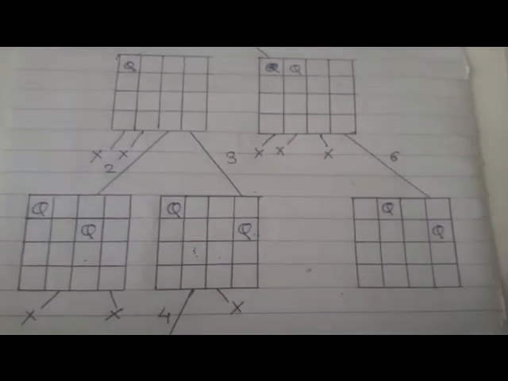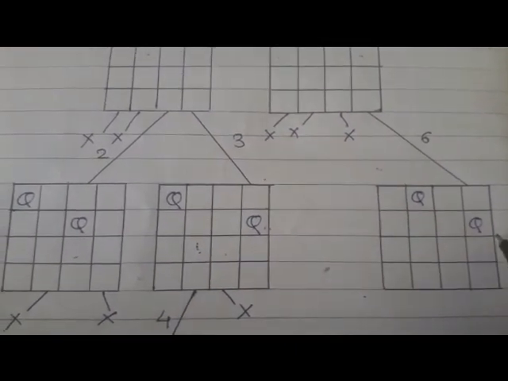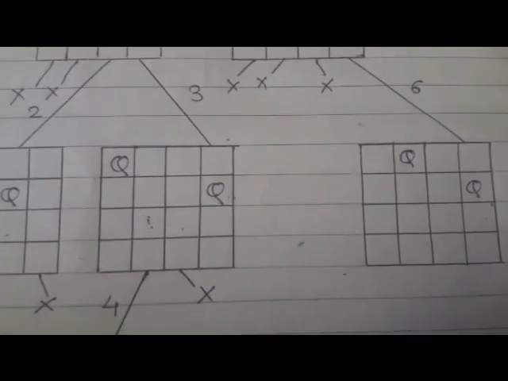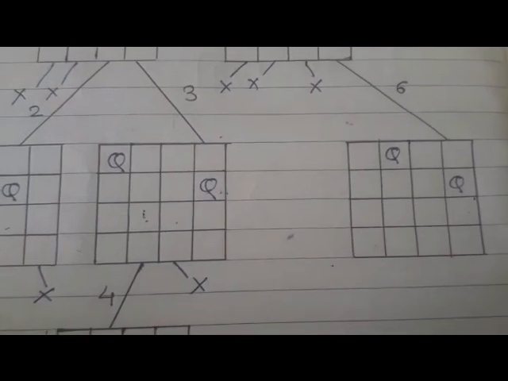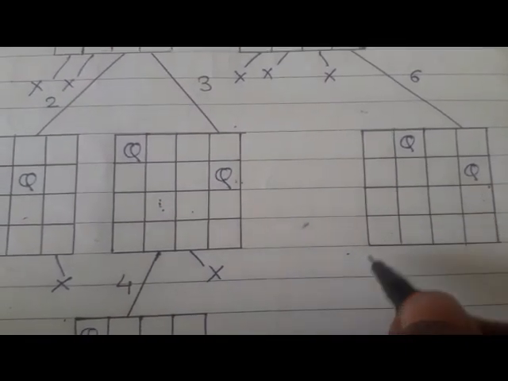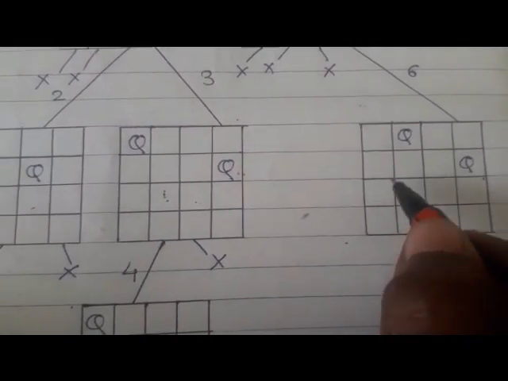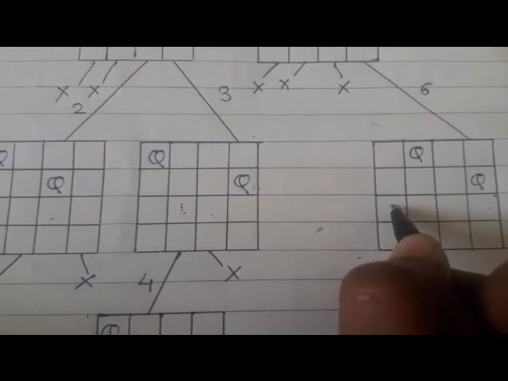Now the second queen is placed in the second row, fourth column. Now we have to place the third queen. Now when we have to place the third queen, we can put it in the first column.